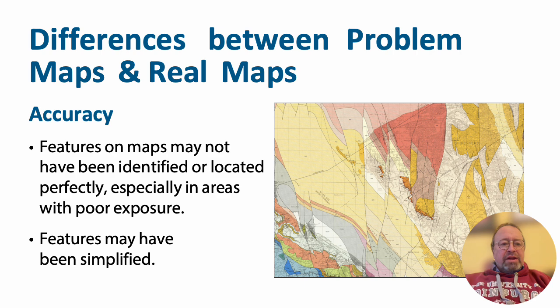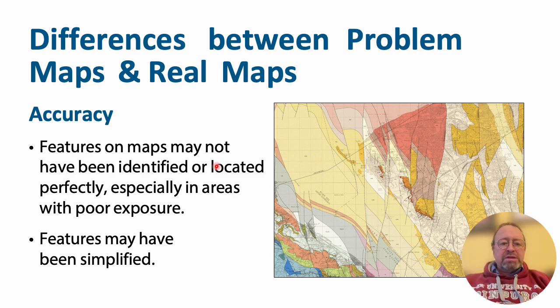So one of the other things which is different between the problem maps and the real maps is, of course, that real maps are not perfect. And that means that there are features on real maps that haven't really been identified, or they may not be located ideally. And that's particularly true in regions where the outcrop is poor and people aren't able to make good observations, and they have to just do the best they can.